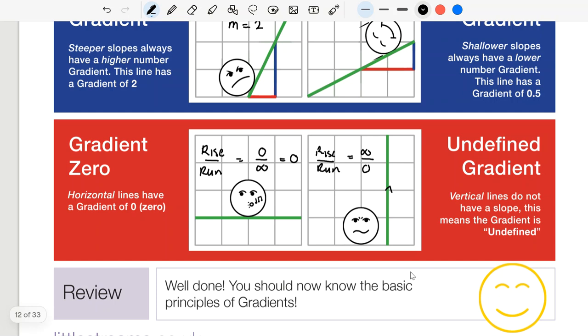If you take a cake and you divide it between no people, you still have the cake. You just have no way of sharing it. There's no process to do it. So it's undefined. Horizontal line, gradient is 0. Vertical line, gradient is undefined, not infinite. Undefined. Okay?